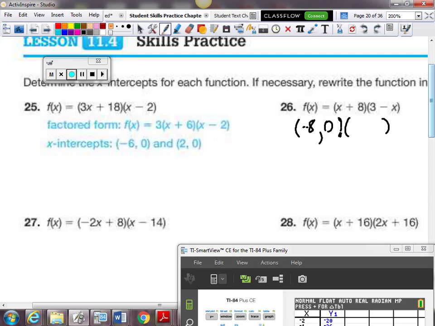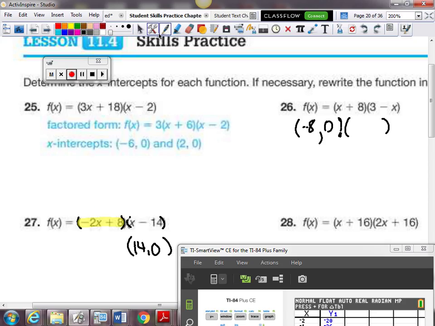So, in 27, we see one of our zeros is going to be easy to figure out. It's going to be positive 14 and 0 to go with this set of parentheses right here. However, this set of parentheses has more than just x. We can't find the zeros of a function from factored form if it isn't fully factored. What I mean by that is when we were in the beginning of the homework, we had problems like this, and we factored something out.